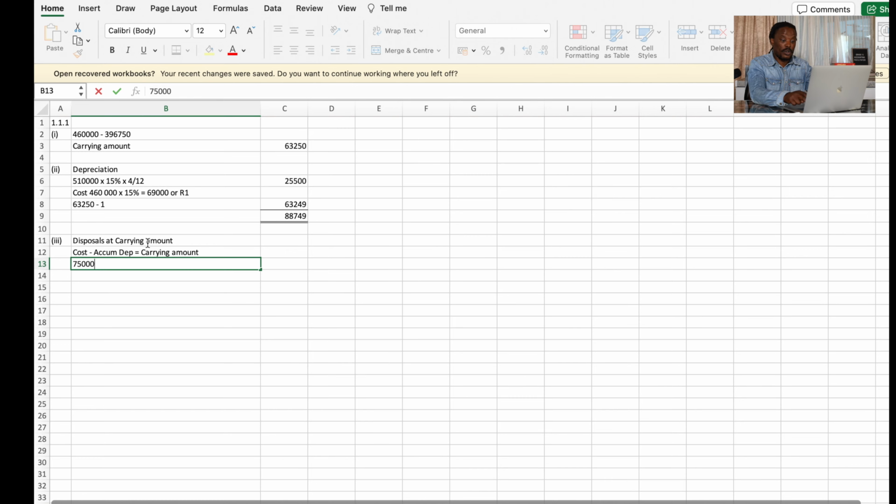Cost price is 75,000, which is the amount that was not given, and you had to calculate it on your own.